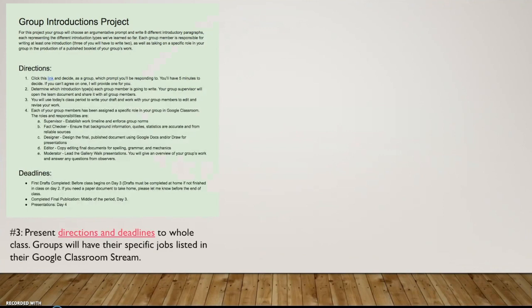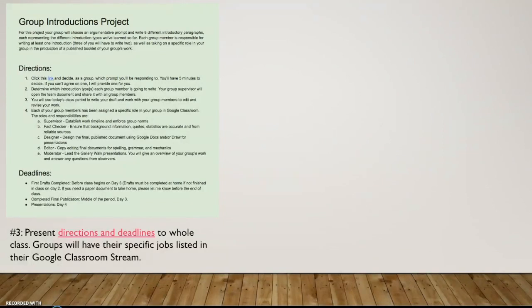So for their introduction project, they're going to be working together. They're going to decide on a prompt together, and then they are each going to write at least one introduction representative of those 8 introduction types. So everyone's going to be responsible for writing an introduction. However, because they are in groups of 5, there's going to be a couple students who are responsible for writing at least 2 introductions.